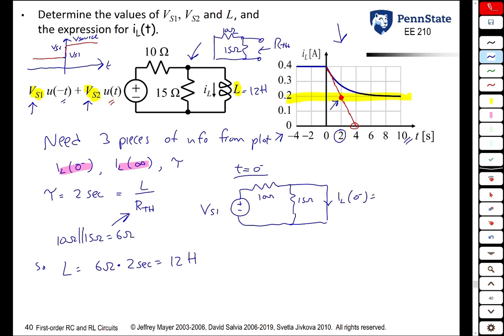IL of 0 minus we get from the plot to be 0.4 amps. Because of this short, no current is going to flow through the 15 ohm resistor, and so we get from Ohm's law, IL of 0 minus, which we know, is simply Vs1 over 10 ohms. So from that we get that Vs1 is equal to 4 volts.